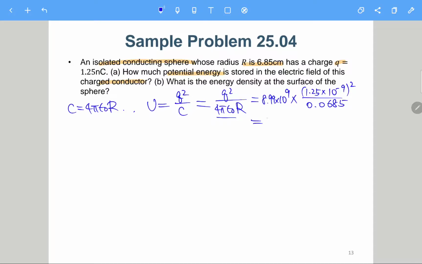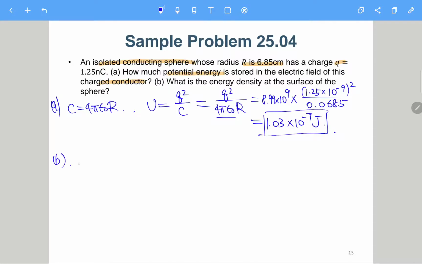So it should be 1.03 times 10 to the minus 7 joule. So what is the energy density at the surface of the sphere? This is for part A.